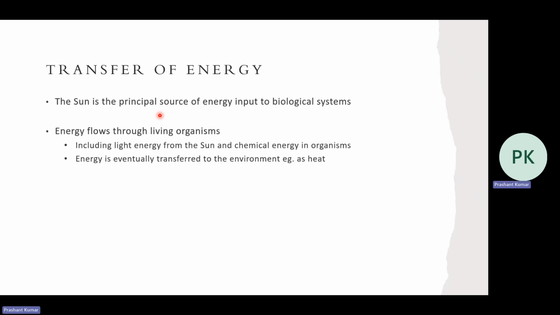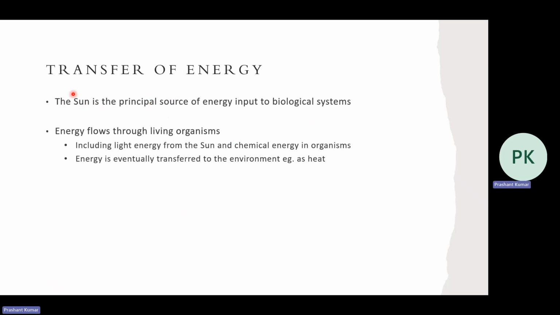We have to understand that the energy must be coming from somewhere, and then that energy is being transferred to the organism. Ultimately, once the organism dies, it will mix with the environment, which means this energy will get transformed. So we'll see how much energy is being transferred, who is the primary source for this energy, and how food chains help in transferring the energy. So without wasting time, let's go ahead.